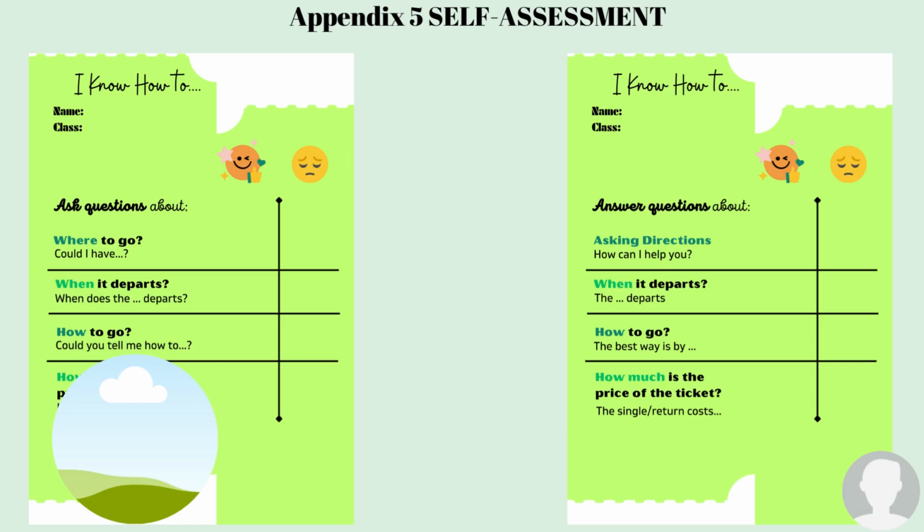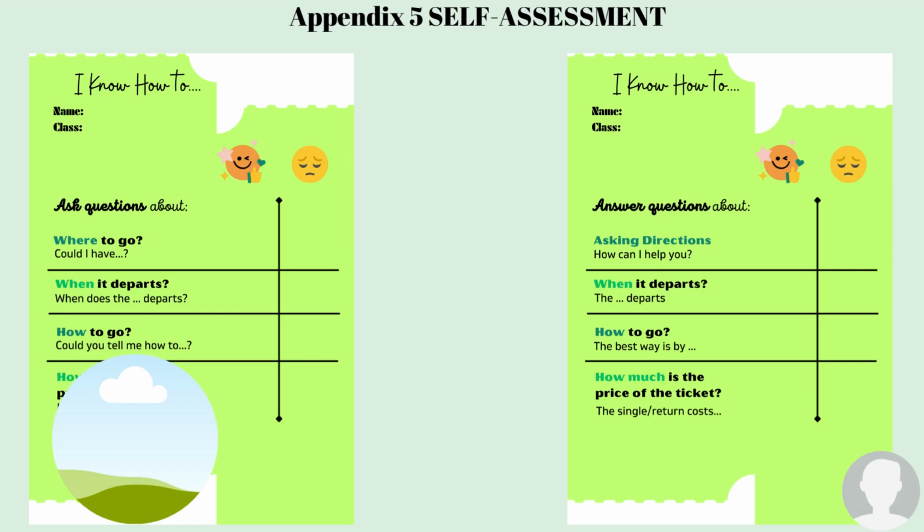Here the pupils will assess their own learning by answering two forms. The first form is about asking questions and the second is about answering questions. So the teacher can give instructions to the pupils by telling them, okay class, now we are almost at the end of the lesson, and I will give you a form for you to assess your own learning for today.